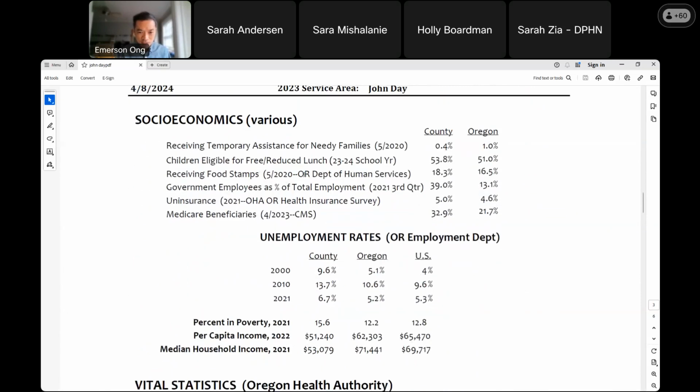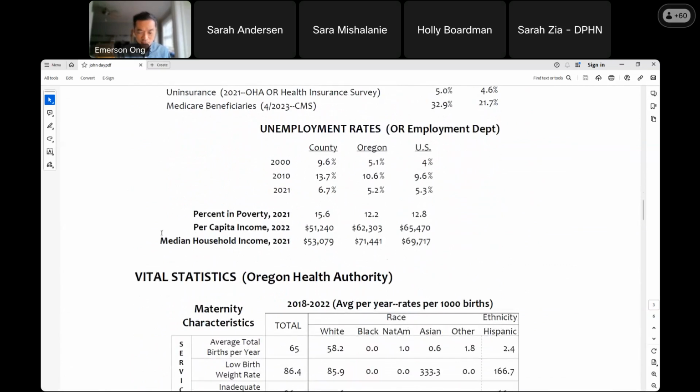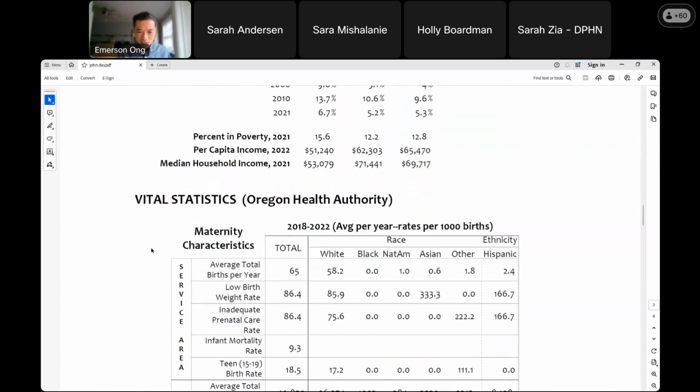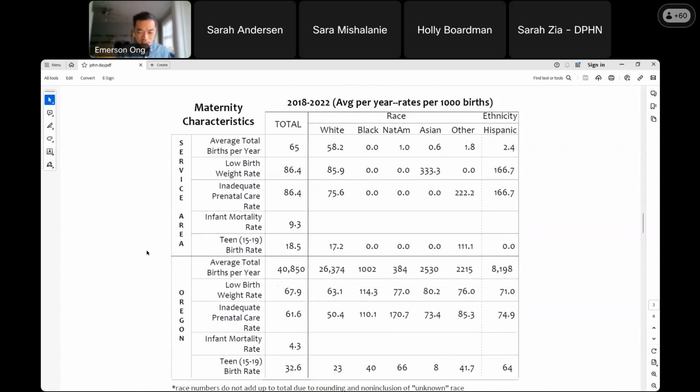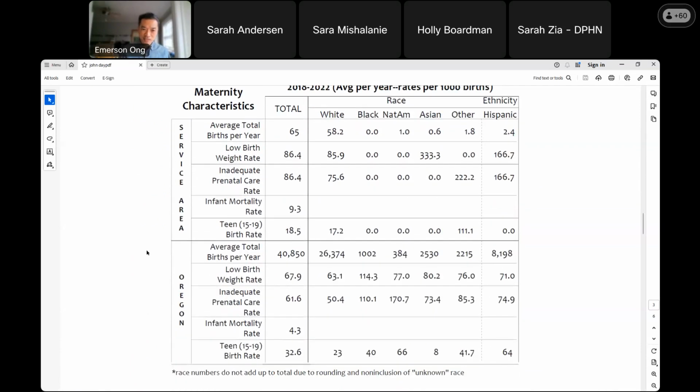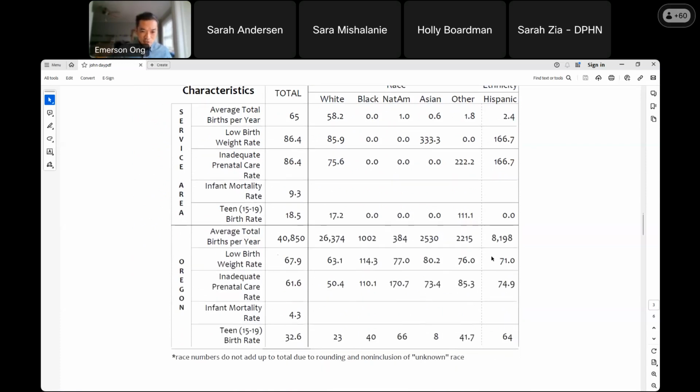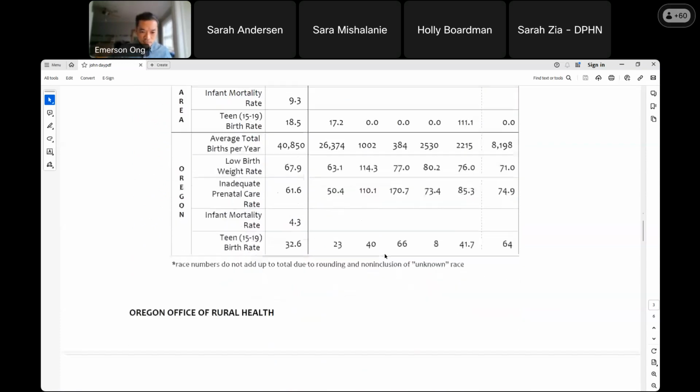These are only available at the county level, but there's free reduced lunch, per capita income, median household income. And then there is maternity outcomes by race and ethnicity compared to the state as a whole.